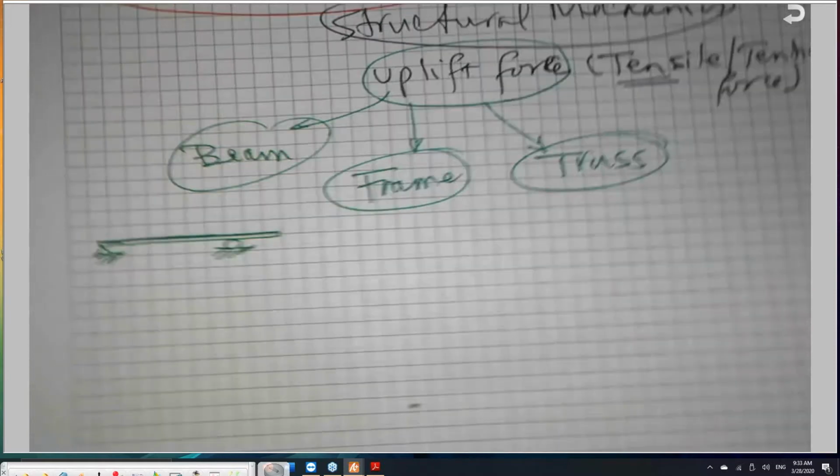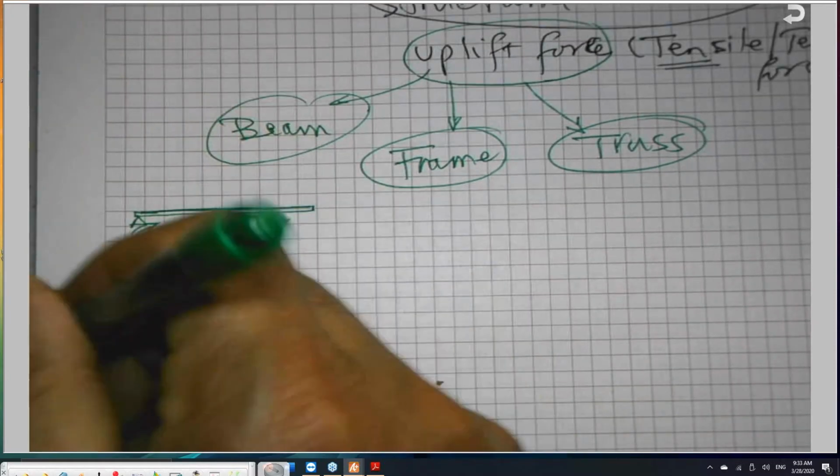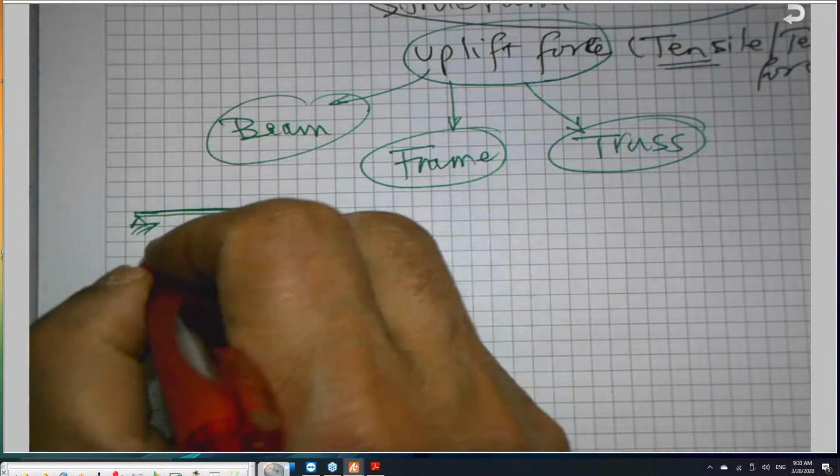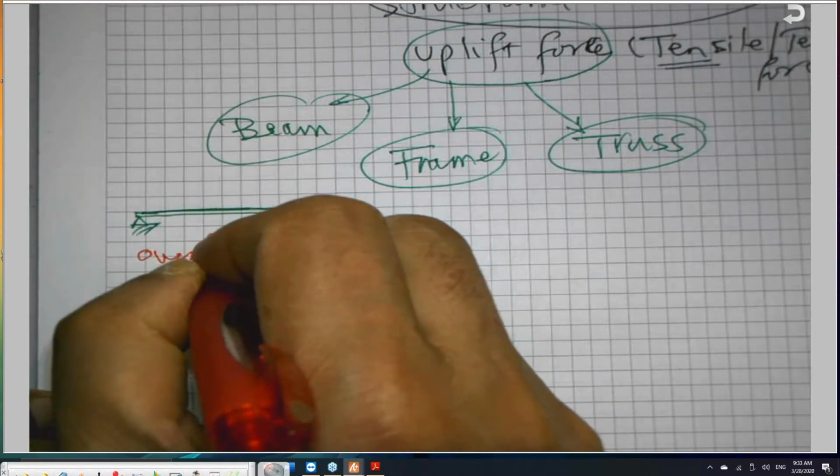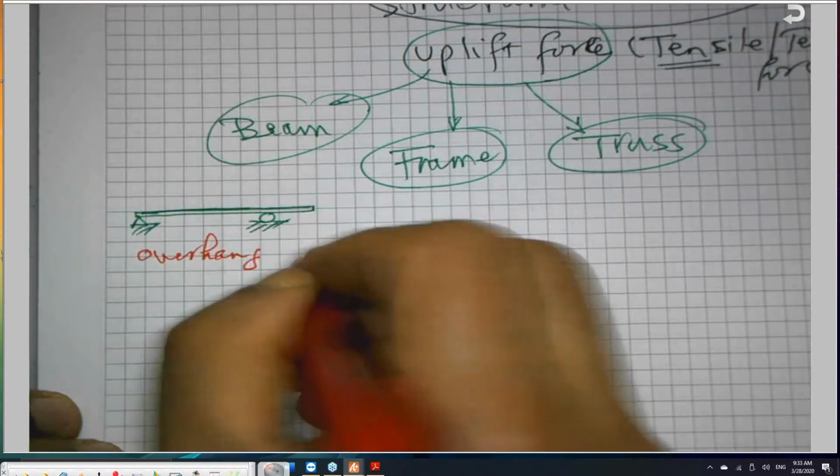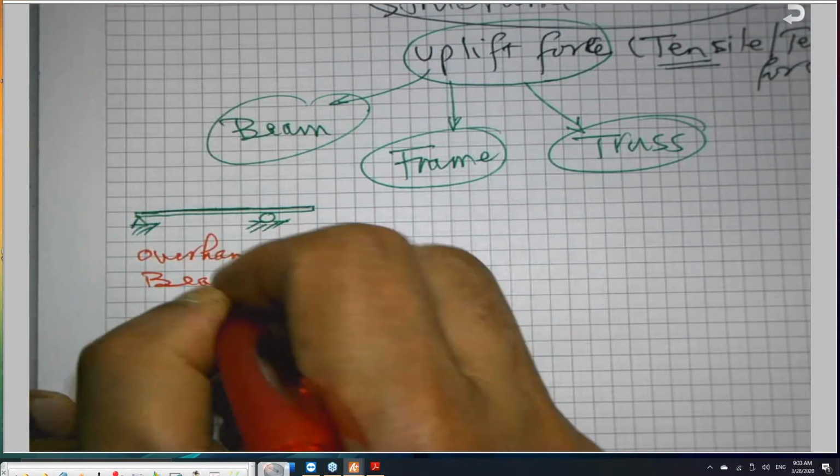If you do have an overhang beam like this, this is called an overhang beam. That is the name of this type of beam and frame.